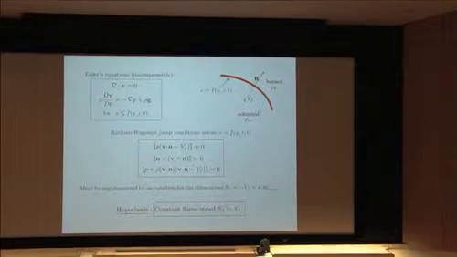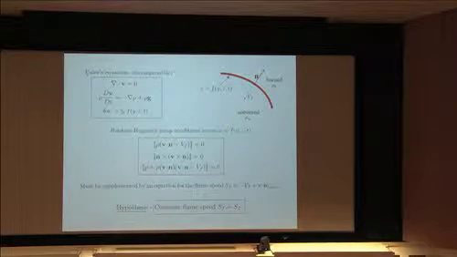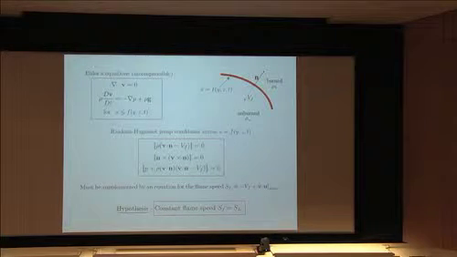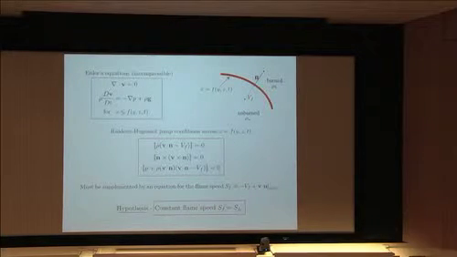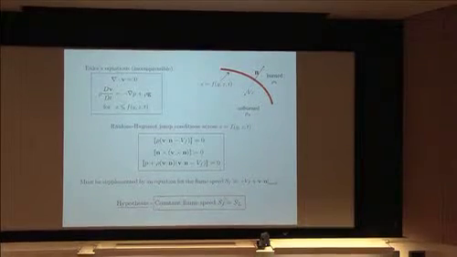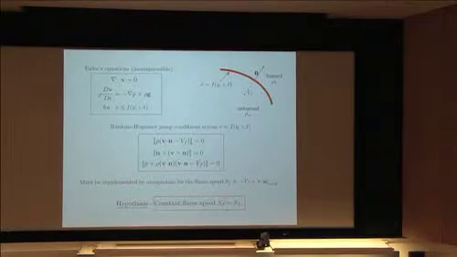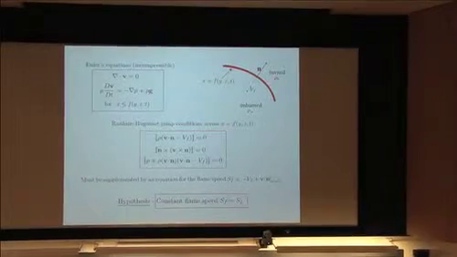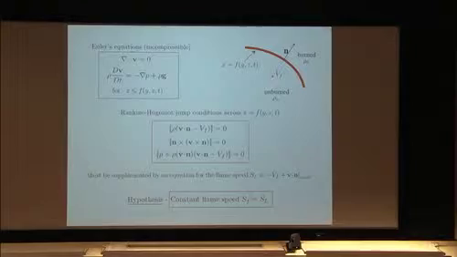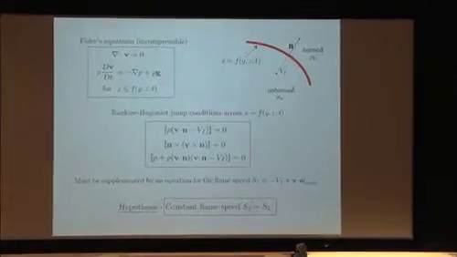But of course with different density. In other words, in the momentum equation, there's a rho u on this side, a rho b on that side. So the entire problem is not incompressible. The entire problem is a variable density flow, except that the variation occurs very sharply at the interface. Okay, so these are the governing equations, which have to be satisfied on one side or on the other.